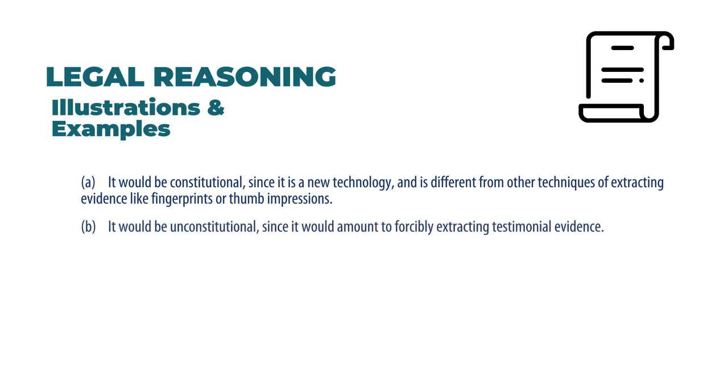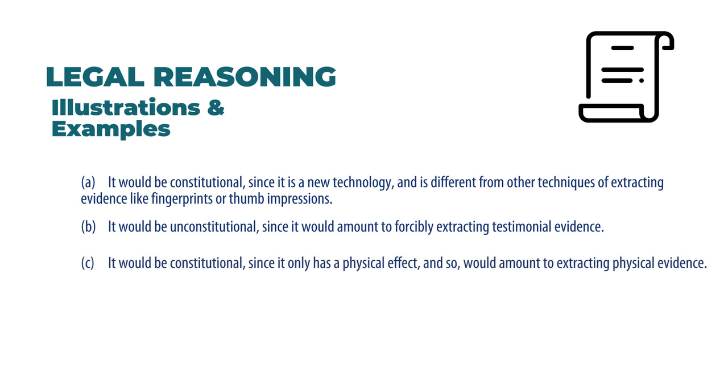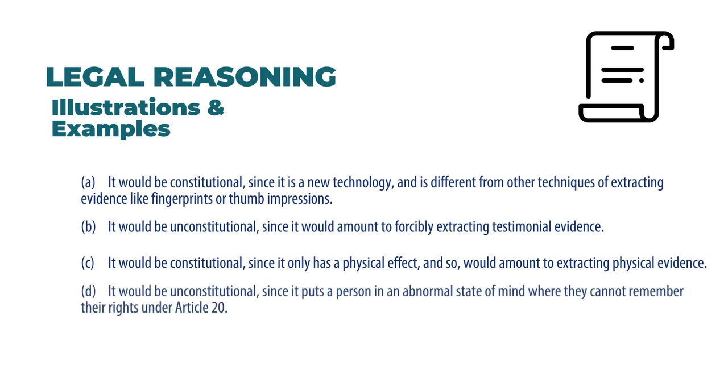B. It would be unconstitutional since it would amount to forcibly extracting testimonial evidence. C. It would be constitutional since it only has a physical effect and so would amount to extracting physical evidence. Or D. It would be unconstitutional since it puts a person in an abnormal state of mind where they cannot remember their rights under Article 20.